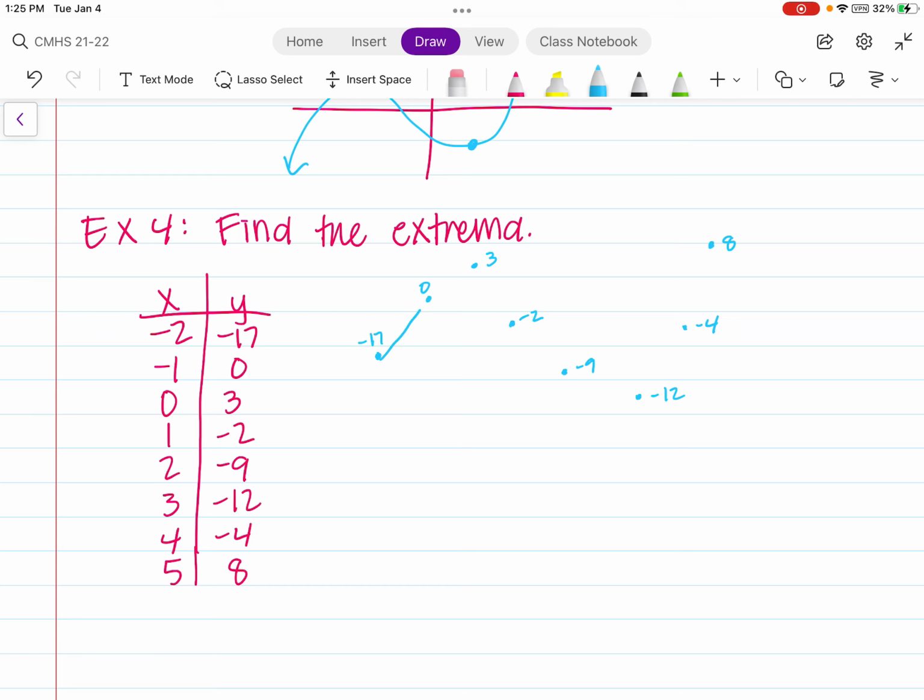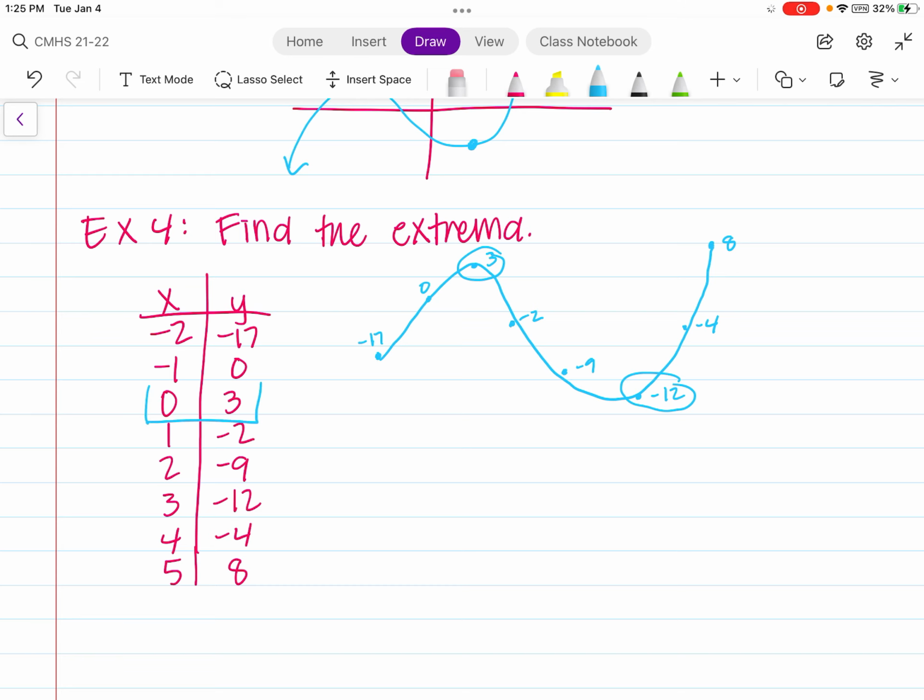So here is the general shape of this graph. And now it's really easy to find the mins and the max. All of a sudden, we were decreasing. Well, I guess we were increasing, weren't we? Anyways, that's what I do. But you can see the general shape, and right here and right here are our max and our min.